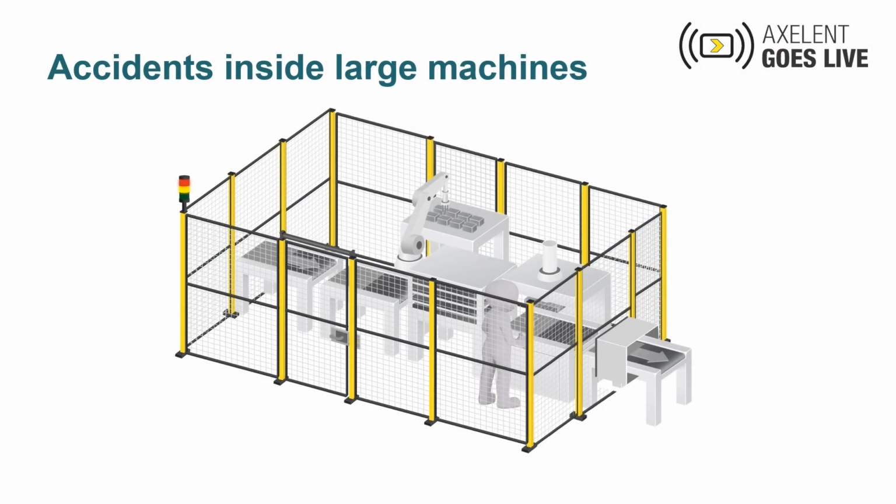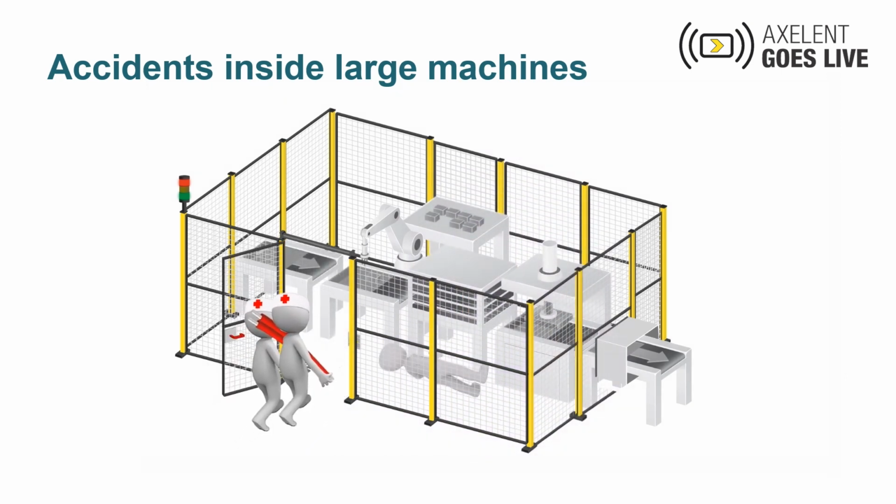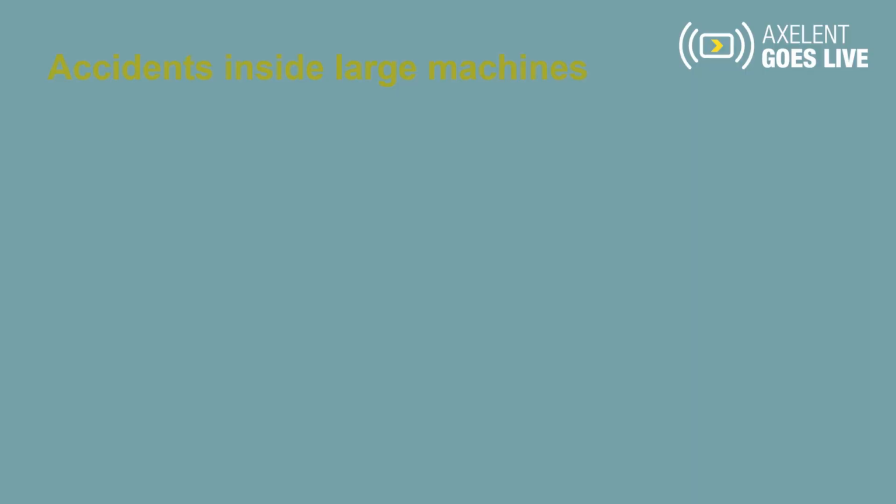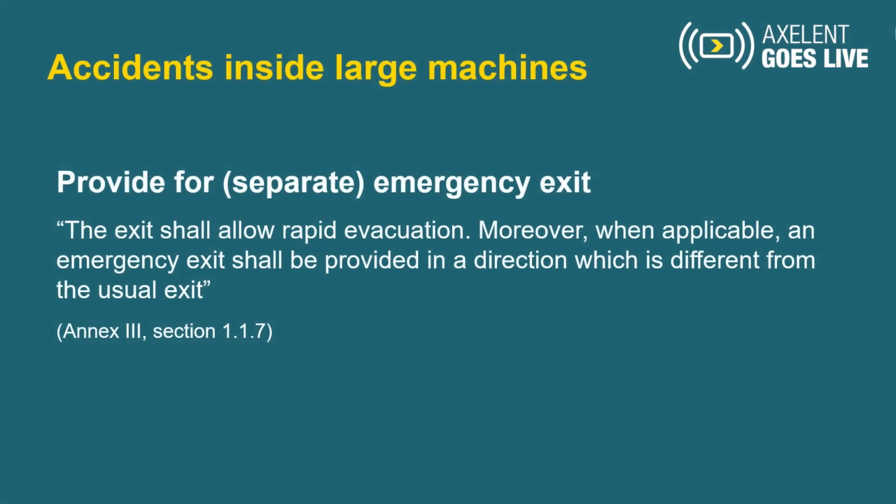Imagine somebody having an accident inside large machinery, for instance during setting or maintenance work. You would want to rescue the person quickly, but trying to do so, you would find that space is lacking to carry him out on a stretcher, as is shown here. The machinery regulation contains two new requirements that relate to this problem.